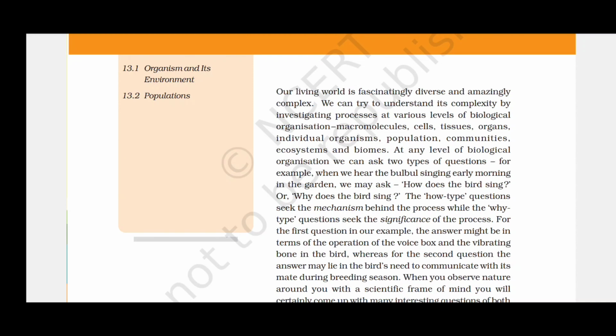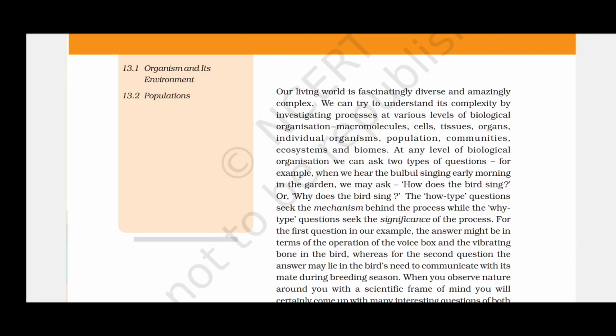For the first question in our example, the answer might be in terms of operation of the voice box and the vibrating bone in the bird. Whereas for the second question, the answer may lie in the bird's need to communicate with its mate during breeding season.